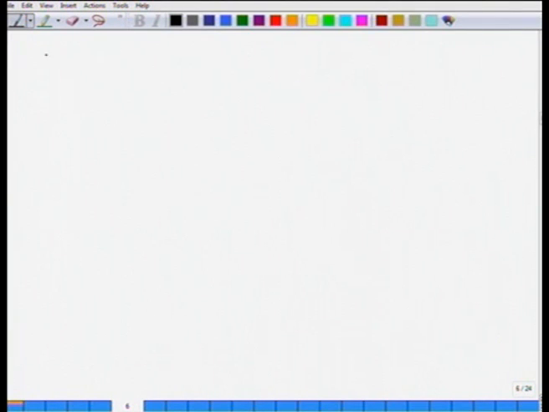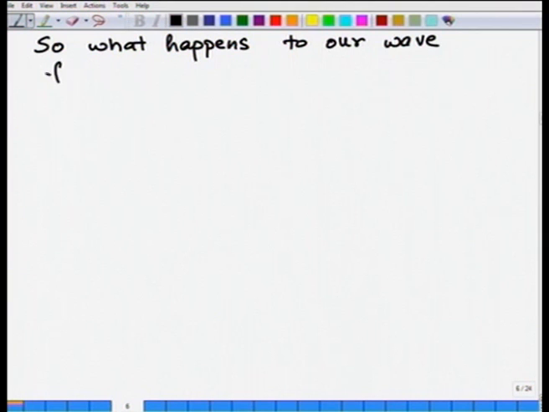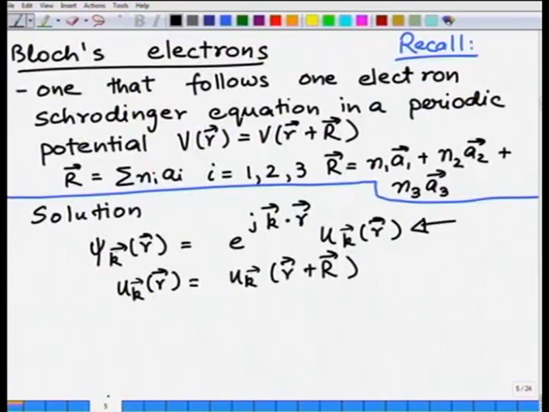So what happens to our wave function? Notice I am using a subscript k because this corresponds to some value of k.